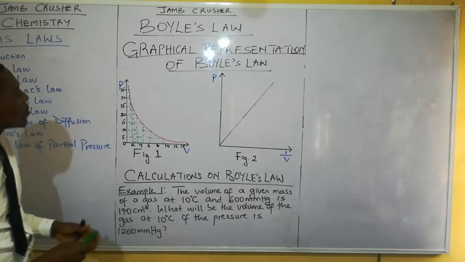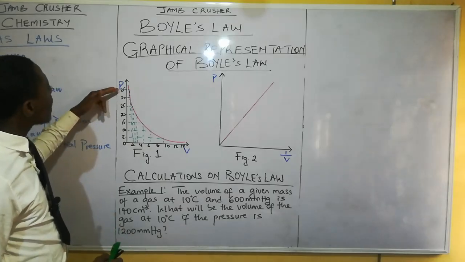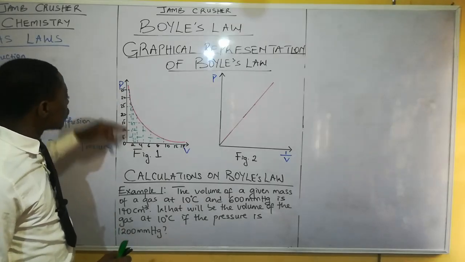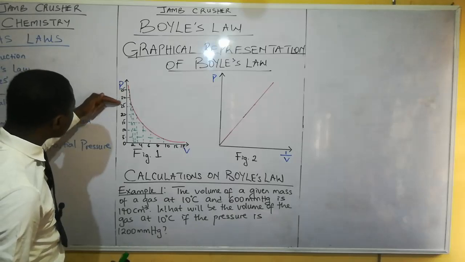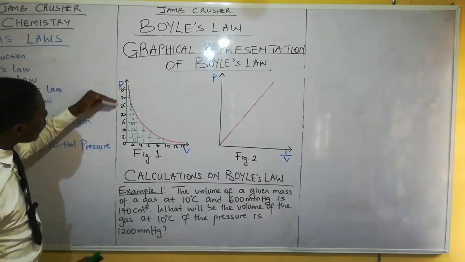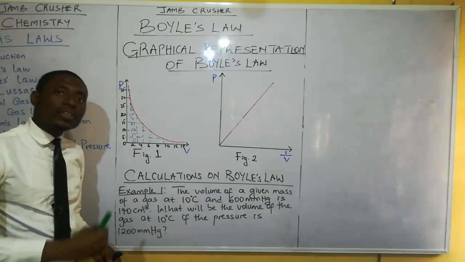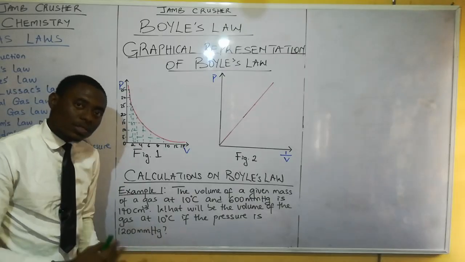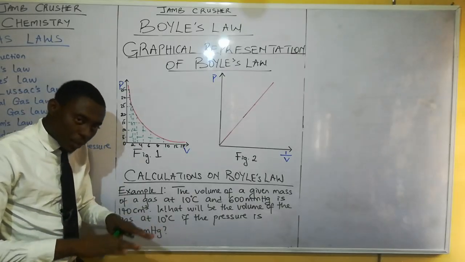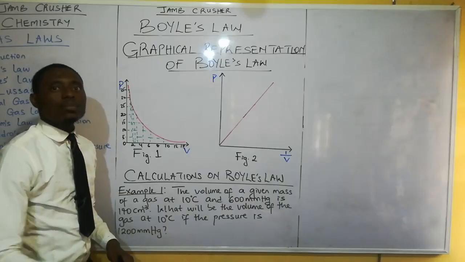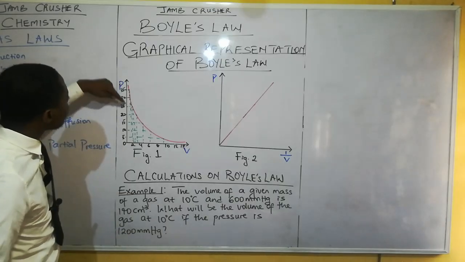So what does that mean? This means that the higher the pressure, the lower the volume, and the lower the pressure, the higher the volume, meaning that as we keep increasing the pressure, the volume keeps decreasing, or as we keep decreasing the pressure, the volume keeps increasing. Now you will notice that this is actually a curve.